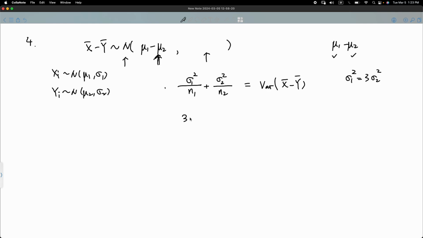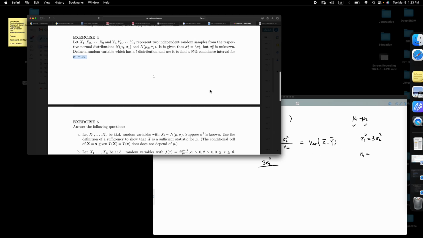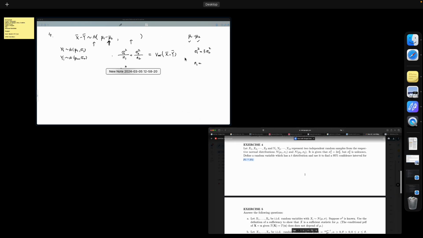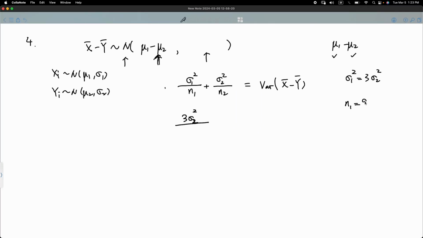Sigma 1 squared is just 3 copies of sigma 2 squared, and from the question, n1 is 9 and n2 is 12. So plugging in the numbers, this is 3 copies of sigma 2 squared over 9 plus 1 copy of sigma 2 squared over 12. So that will be the distribution.